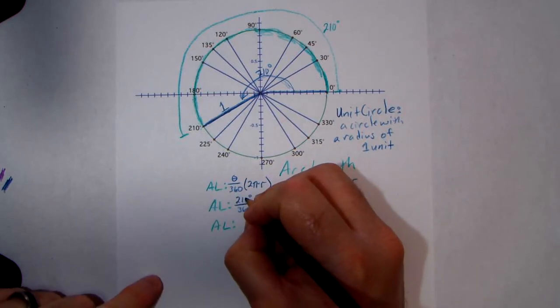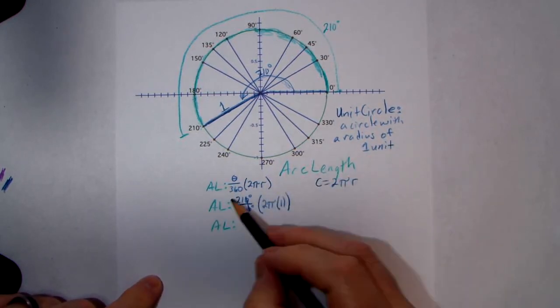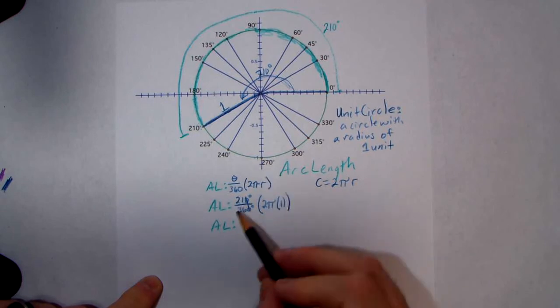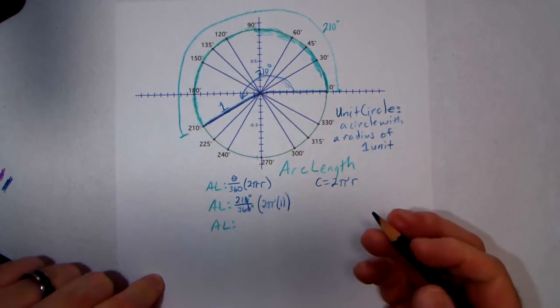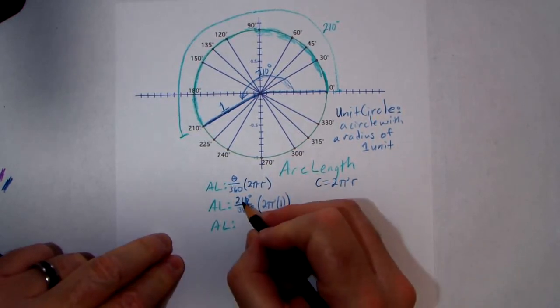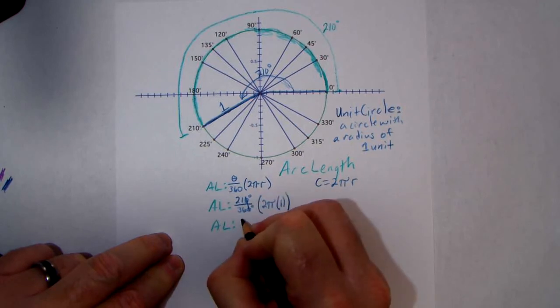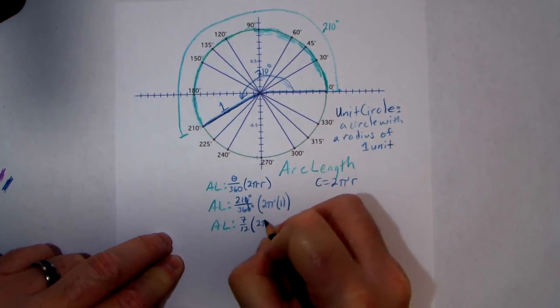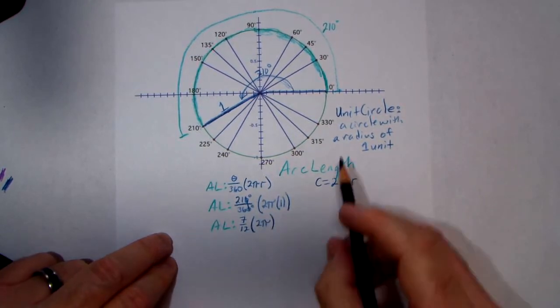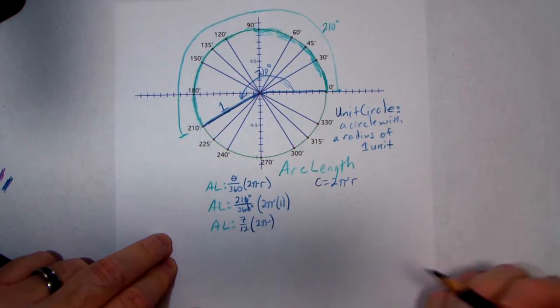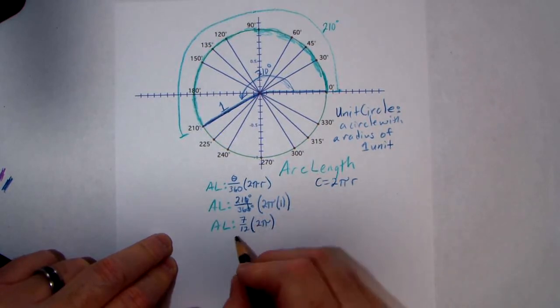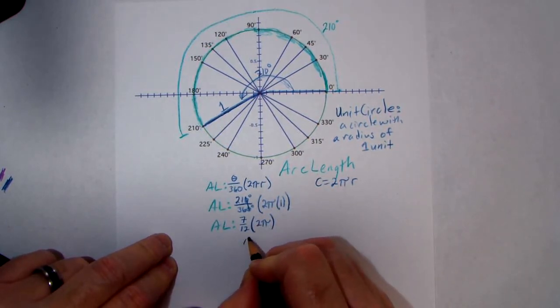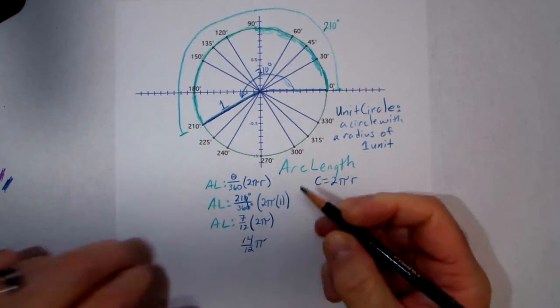I can divide 10 out of both the top and bottom and make this 21 out of 36. 21 and 36 are both divisible by 3, making this 7/12 of 2 pi. And now the circumference of this whole circle is going to be 2 pi because the radius was 1. That makes this 14/12 of pi.